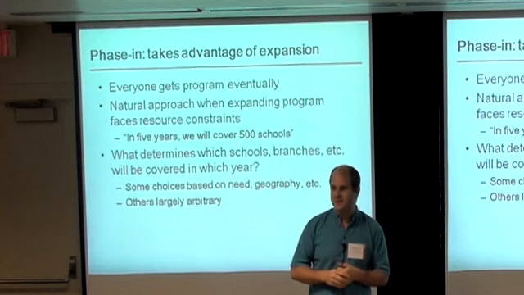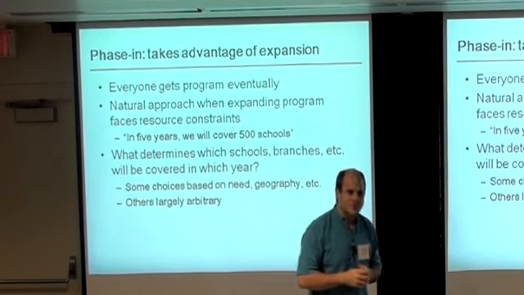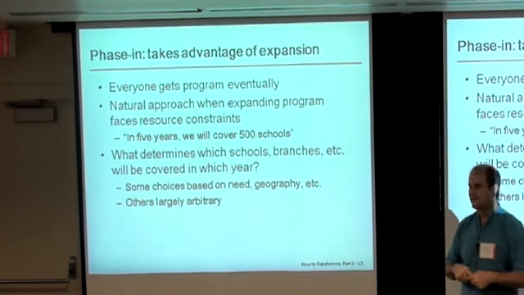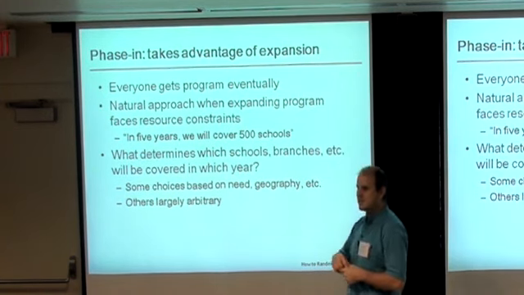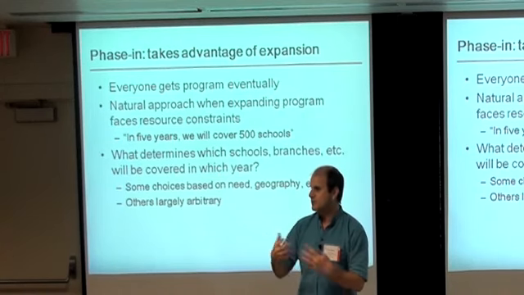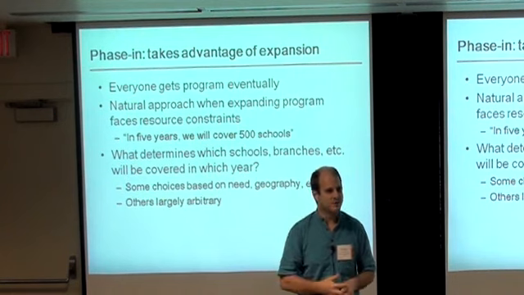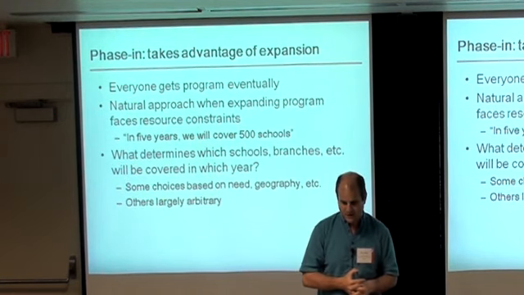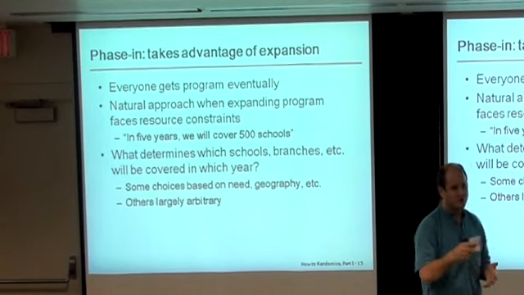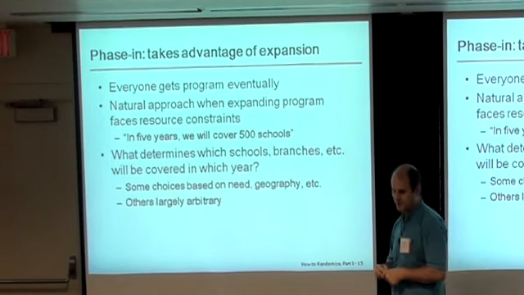So everybody's going to get services in the long run. Now, one thing that's nice about that is, particularly when there's community-led interventions, there's oftentimes a desire to have some involvement from everybody in the program at some point in time. And this is often something that organizations do ask for. So phase-in approaches allow for that more naturally, because everybody's going to be receiving a service at some point.